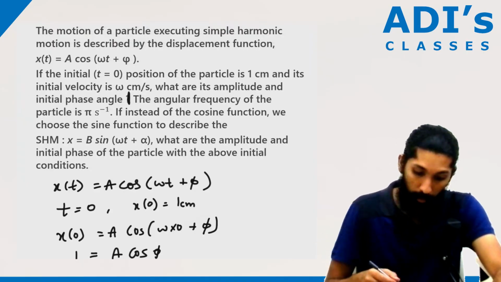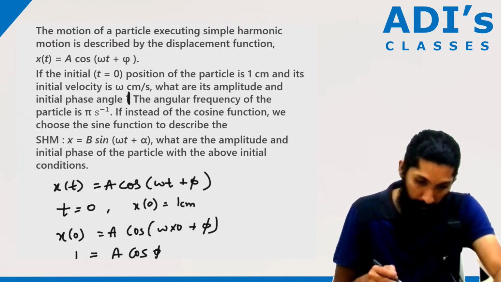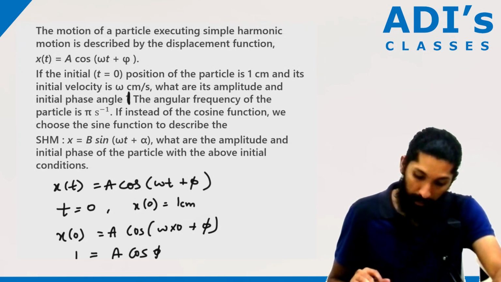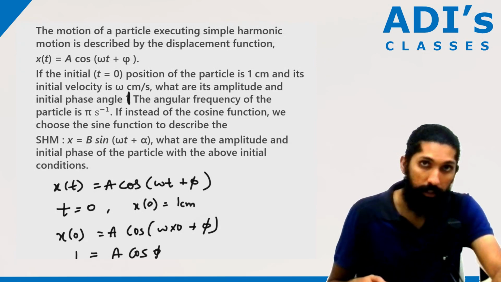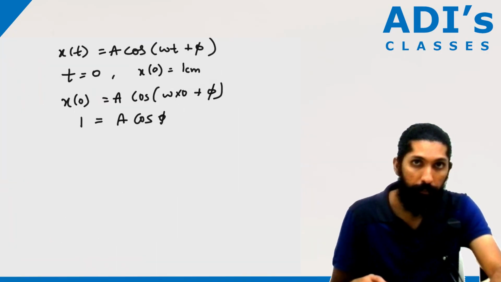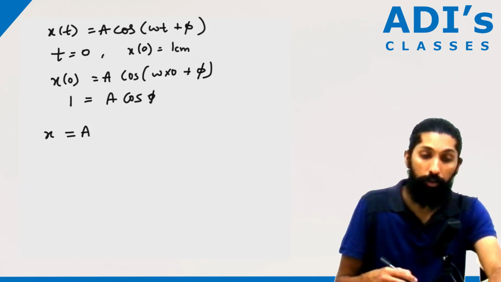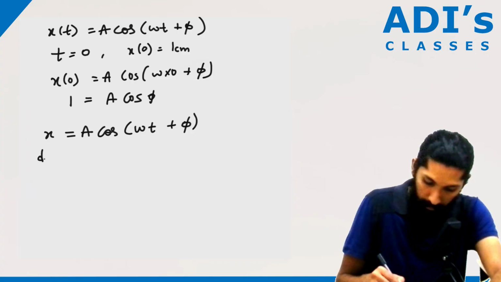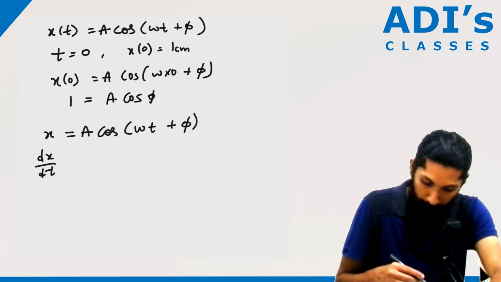Next, you calculate the velocity, because we differentiate. We have x is equal to a cos of omega t plus phi.